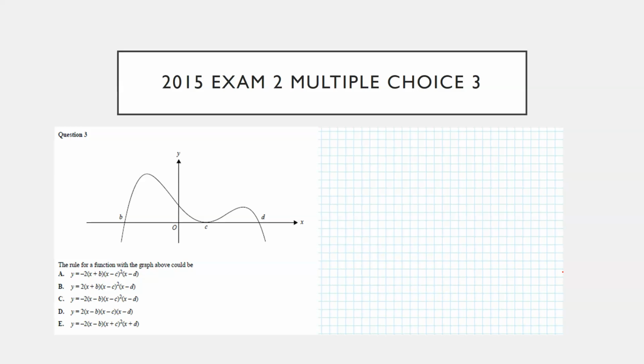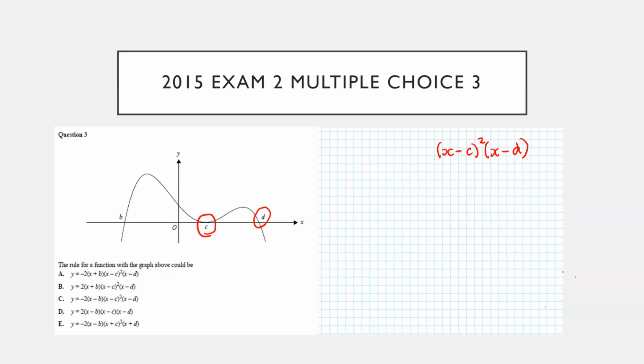Okay, so the first thing we notice is that here we have an x-intercept at d. So that tells us we're going to have an x minus d in our rule. We then have an x-intercept at c, and at this point the graph is touching the x-axis. So that is, we're going to write this as x minus c squared, since it's touching.